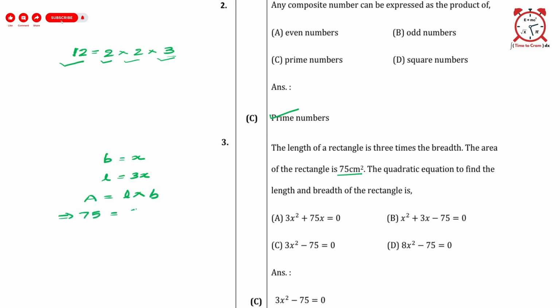Length is 3x multiplied by breadth x. So therefore 3x square equals 75. If we move 75 from RHS to LHS by the transpose method, then we get 3x square minus 75 equals 0. So that is why our answer is C here.